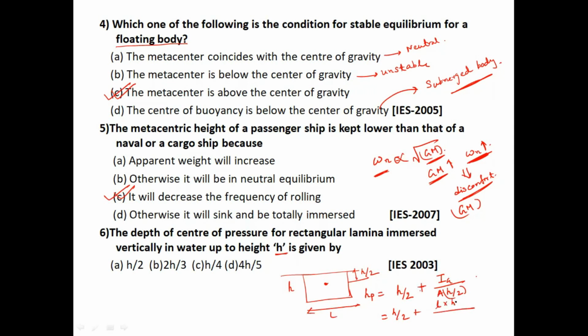I_G is L into H cube by 12. The area is H into L, times H by 2. So L will be cancelled out, and H is also cancelled out. So H by 2 plus H by 6 gives you h_P, hence 4H by 6. So 2H by 3 will be the answer for this question.